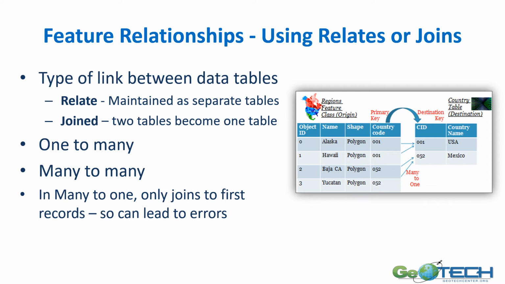Here we have one that is many to one, where we have county codes, and then we have one that tells us the country name for that county code, USA or Mexico. There's also one to many, caution here, where some of the joins go to the first record and may not join to other records, so make sure you review your data.